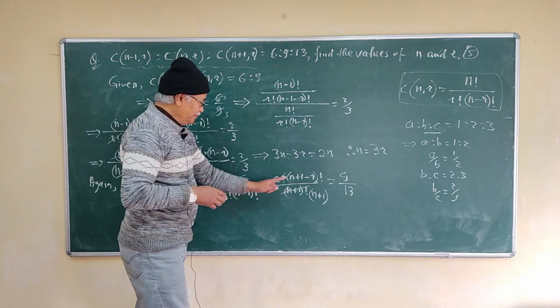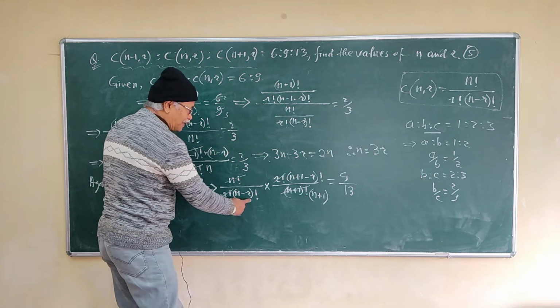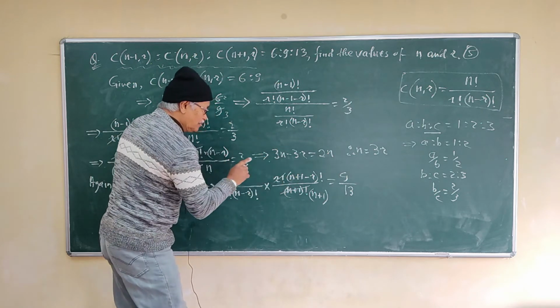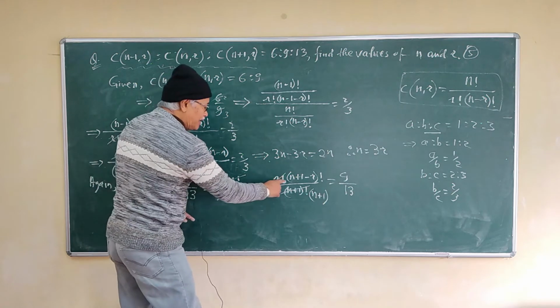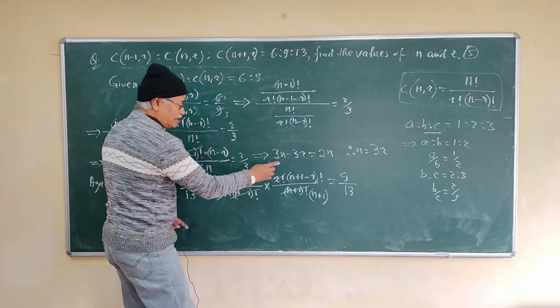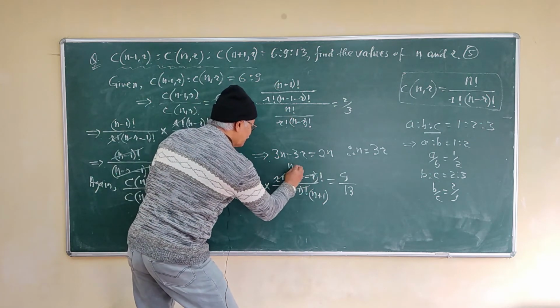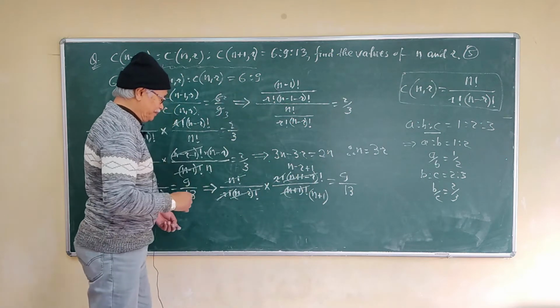Similarly, this is n minus r factorial, and that is n minus r plus 1 factorial. Is that right? Once again, this is n minus r factorial, whereas that is 1 more than n minus r factorial, that is n minus r plus 1. So obviously this will cancel with that one. How many times? n minus r plus 1 times.